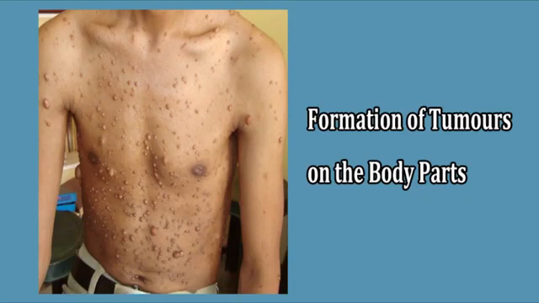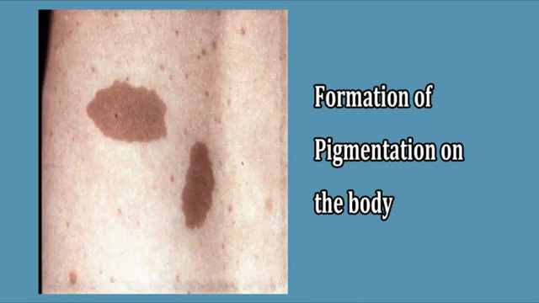When the mutation occurs in the gene NF1, it codes for a protein showing abnormal function. This leads to the proliferation of cells and the formation of tumors in the nerves, in the skin and other parts of the body. There is also the formation of dark pigmented patches on the body.